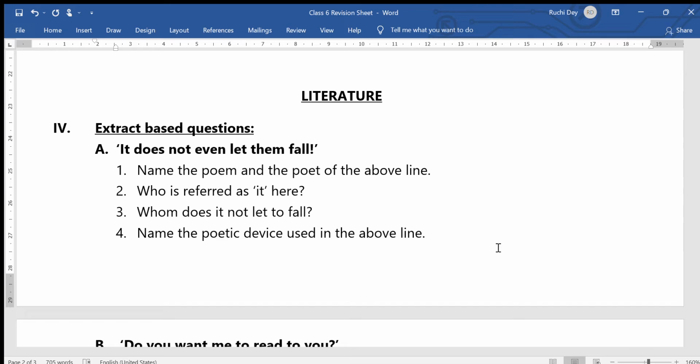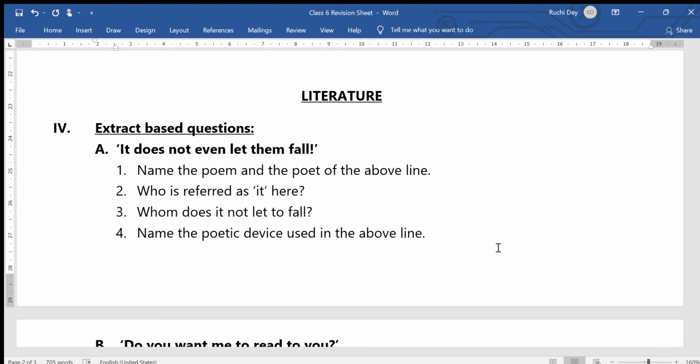Who is referred to as it here? Let's read the sentence again. It does not even let them fall. It is the earth. Whom does it not let fall? Well, if you remember, there were the tall palm trees, the tall coconut trees, right? So, they are the tall trees. It balances them on its fingers.